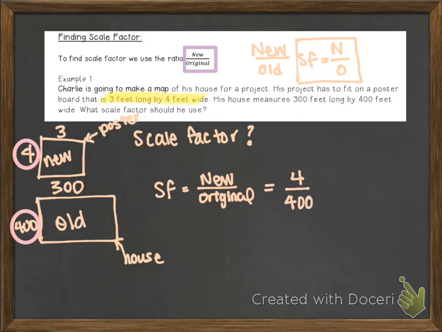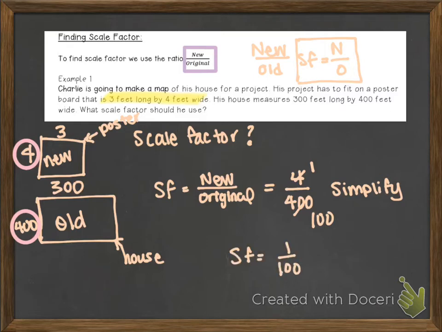I couldn't use 3 and 400 because that's not measuring the same side of what we're talking about. And then I simplify. So 4 divided by 4 is 1, and 400 divided by 4 is 100. So your scale factor is 1 over 100.